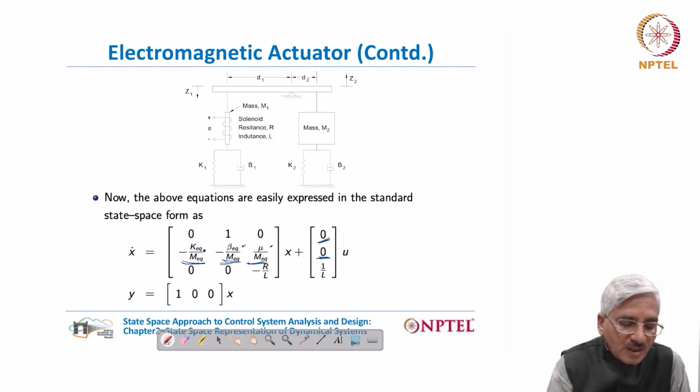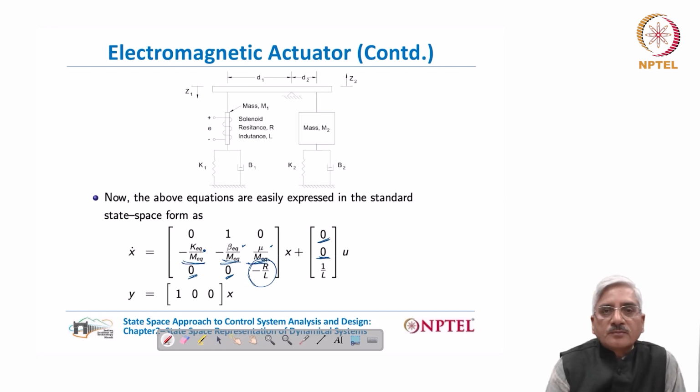The third equation was x3 dot equal to minus r by l x3. So that means 0 times x1, 0 times x2 and minus r by l x3. That is why minus r by l comes here. And 1 by l is multiplied to the applied voltage Et, which is u, identified as the input.